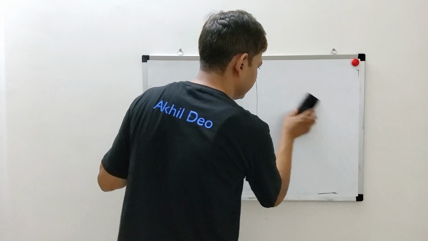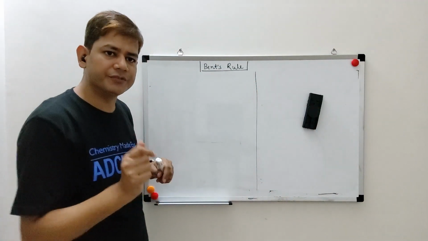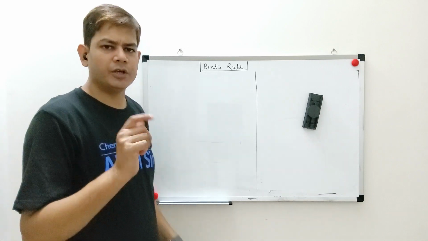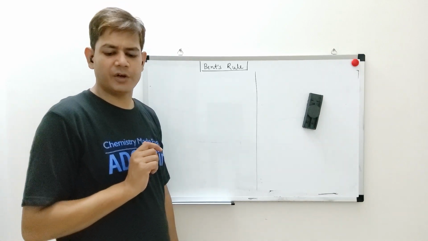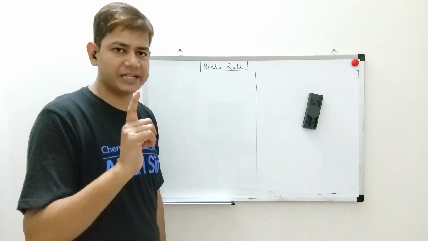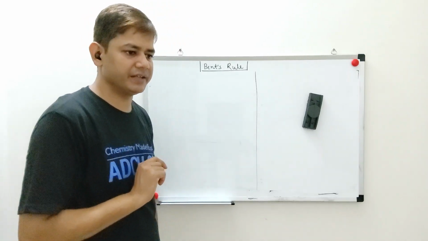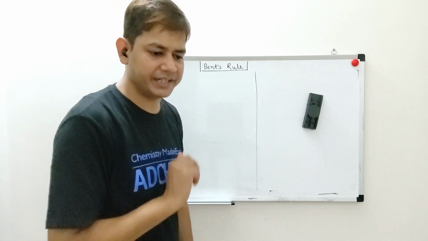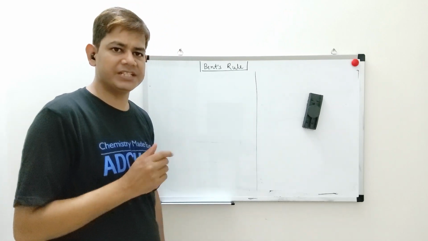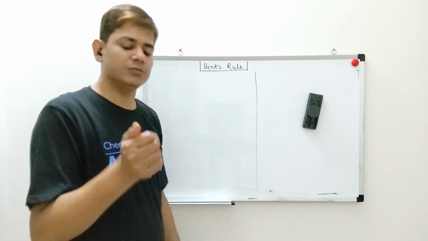So when we have a central atom bonded to two or more different atoms, the hybrid orbital that is forming a bond towards the more electronegative atom will have more p character, and the hybrid orbital that is forming a bond towards the less electronegative atom will have more s character.